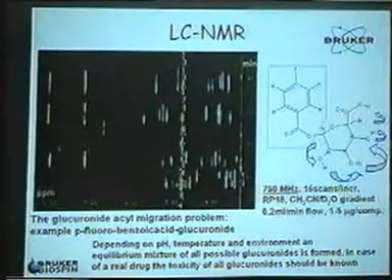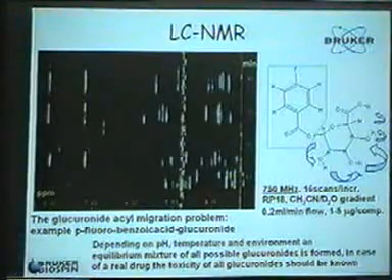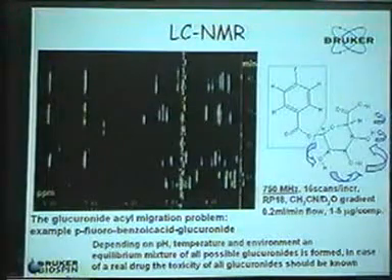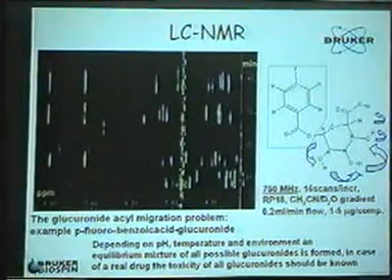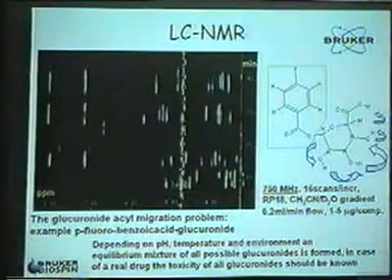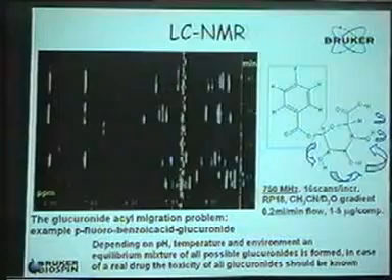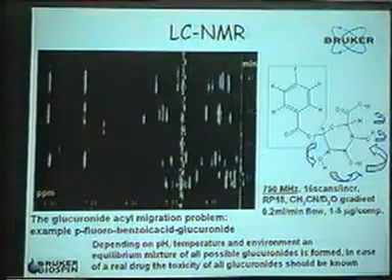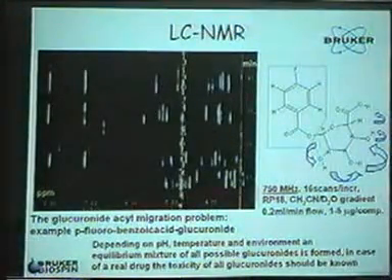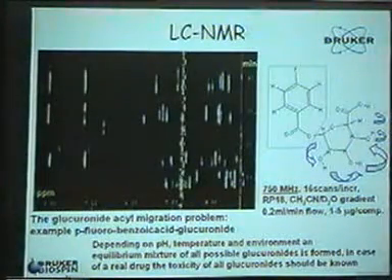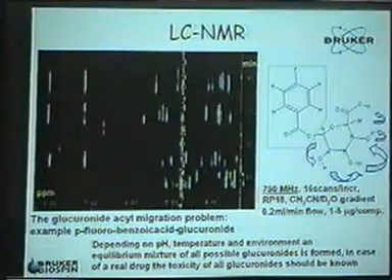This is a succession of 1D experiments of the chromatographic elution as time goes by. So this is called an on-flow measurement, where the elution is going on, and as the elution is going on, every minute, for example, we do a 1D spectrum. And then we represent that with a chemical shift axis and a time axis.